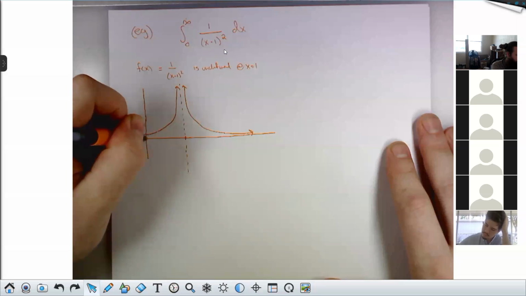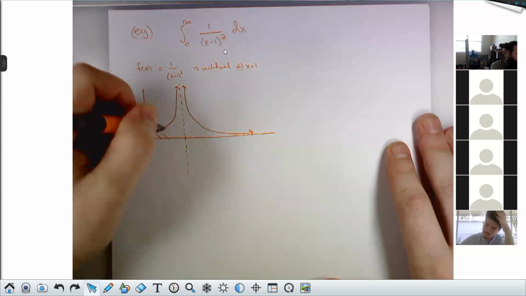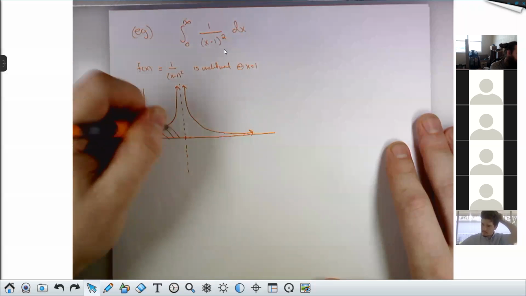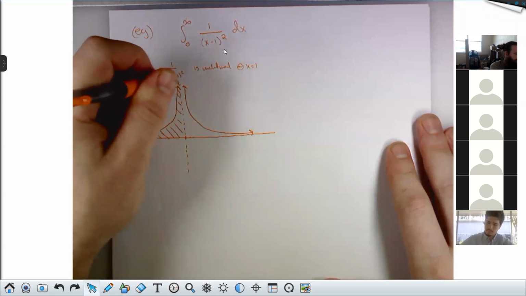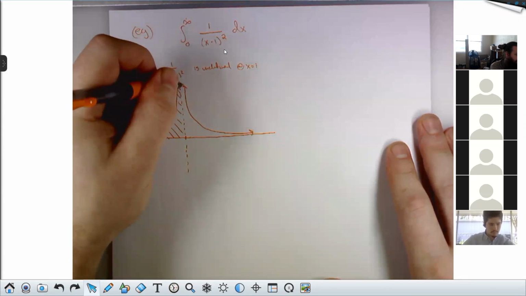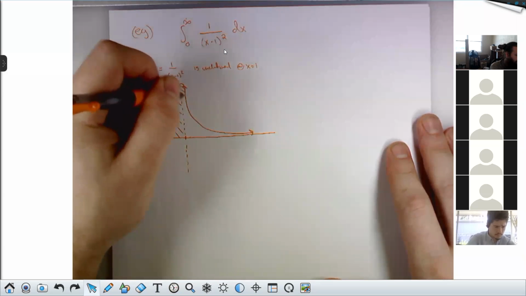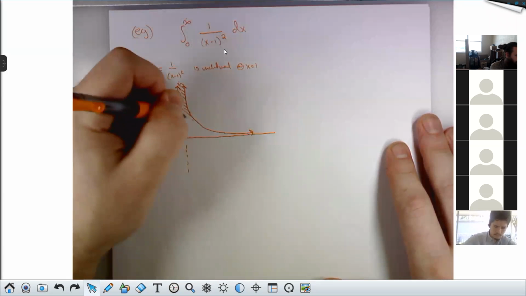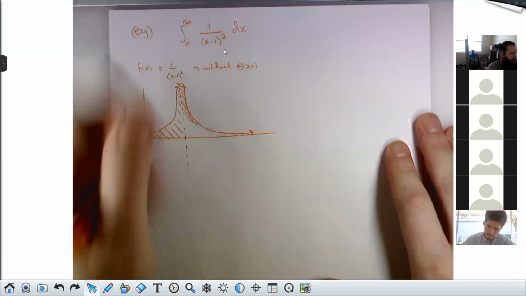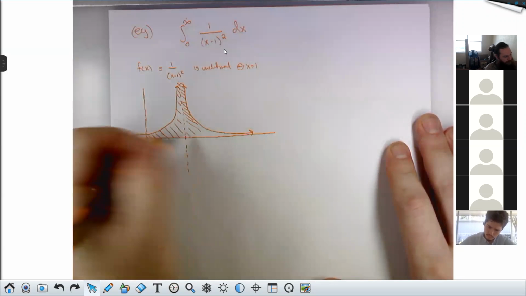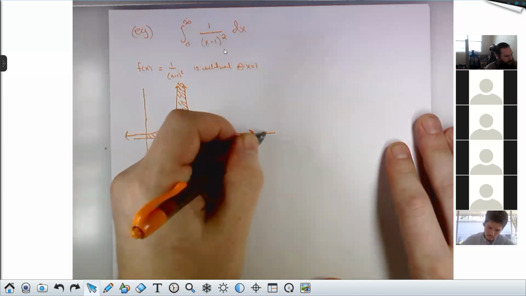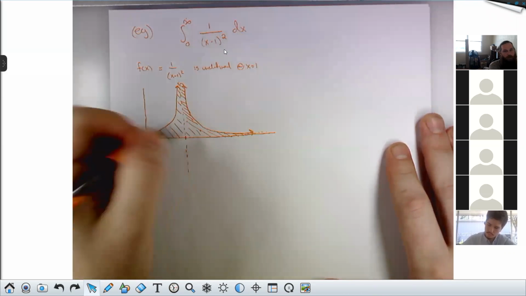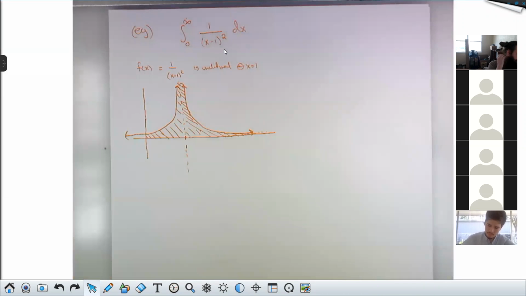The area we're trying to measure is the area of this region, which is infinitely tall, and the area of this region, and then we're going all the way out to infinity here, right? So this has lots of problems.